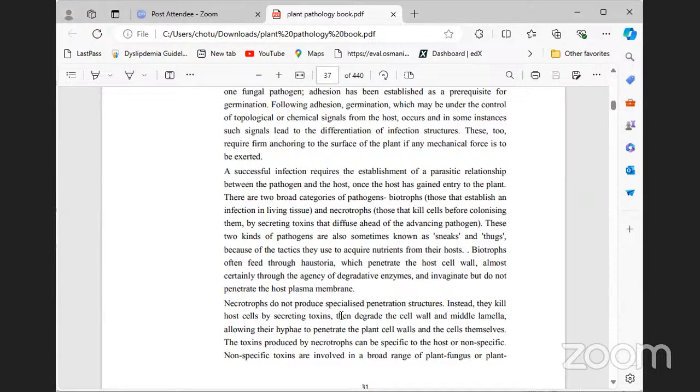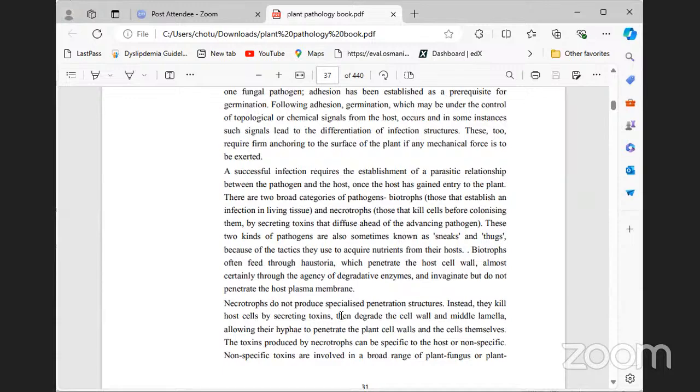Necrotrophs do not produce specialized penetration structures. Instead, they kill host cells by creating toxins, then degrade the cell wall and middle lamella, allowing their hyphae to penetrate the plant cell wall.